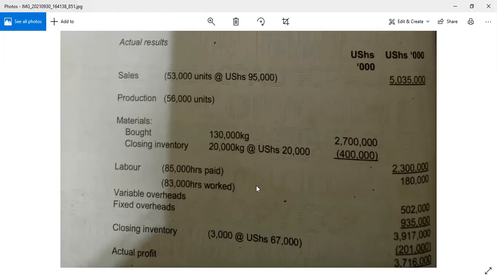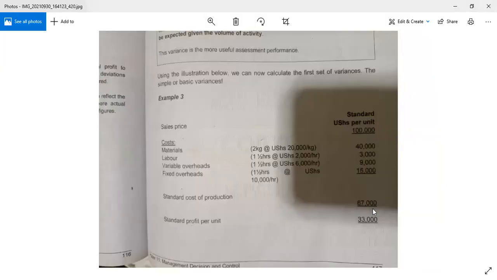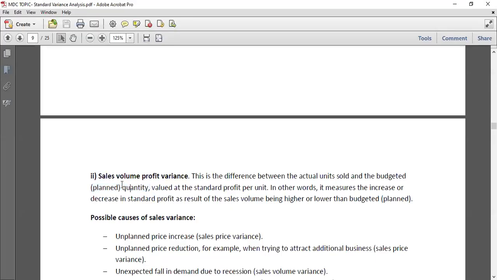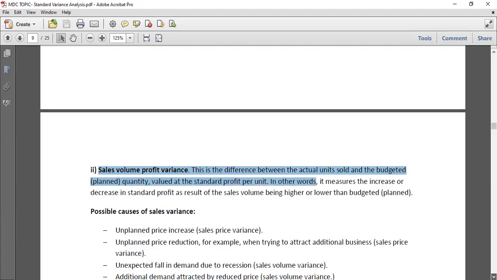The 3,000 units should be multiplied by the 33,000, which we have on our costing statement. Right here, this 33,000 is what we use. I'm just trying to help you interpret exactly what kind of information you have here when it comes to a practical number. So as you can see, that is what we've basically done.